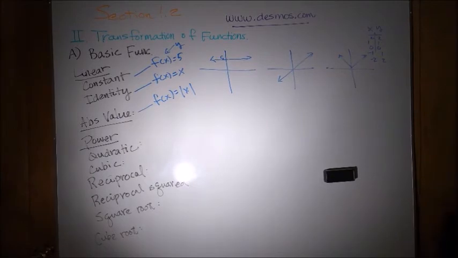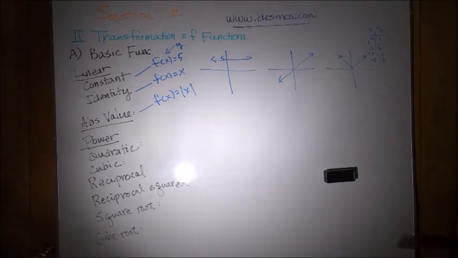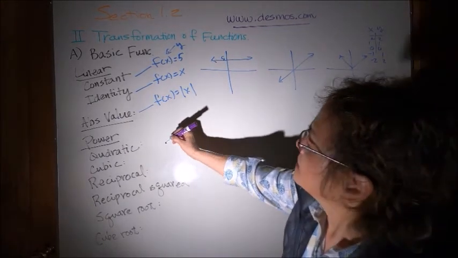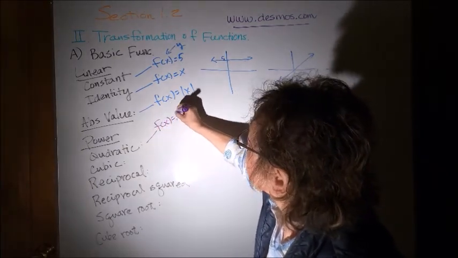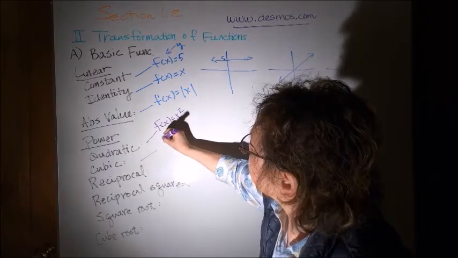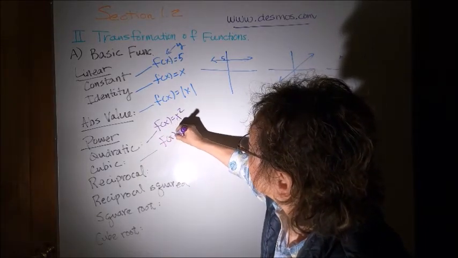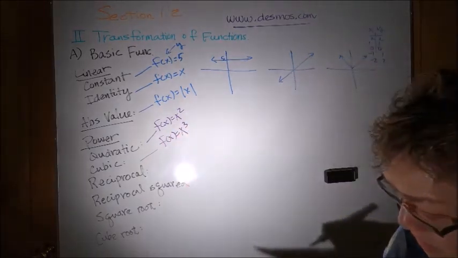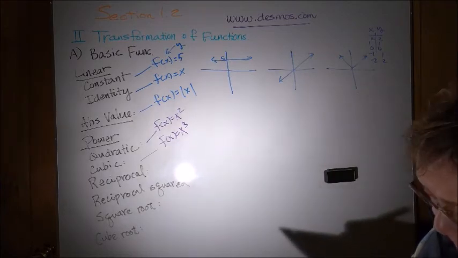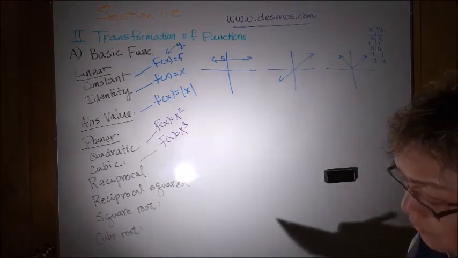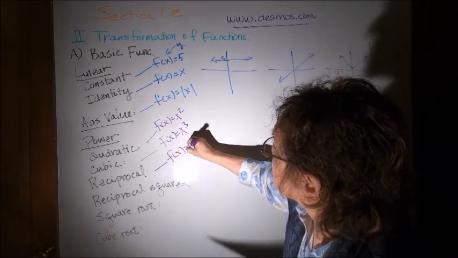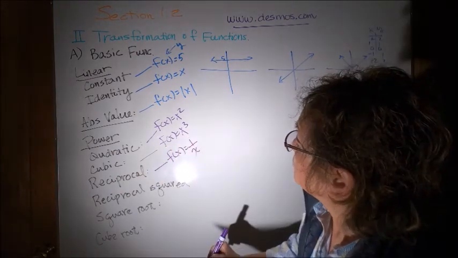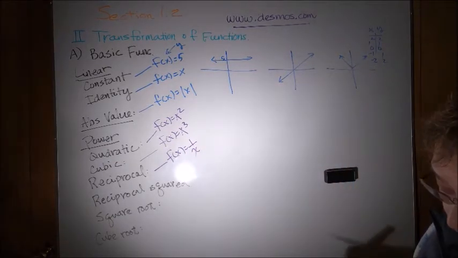And for the quadratic function, the basic one would be f of x equals x squared, and f of x equals x cubed, right? The reciprocal function would be x to the inverse, 1 over x.